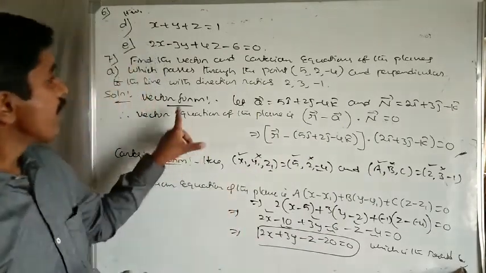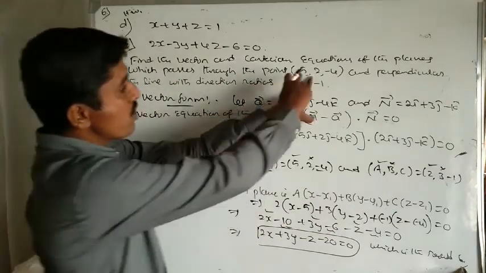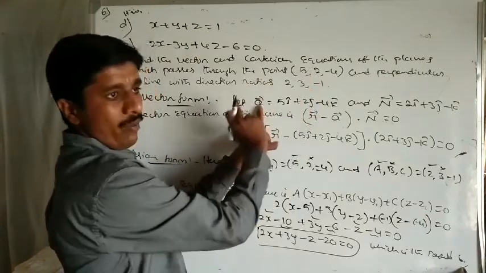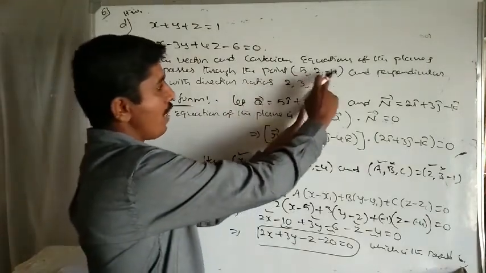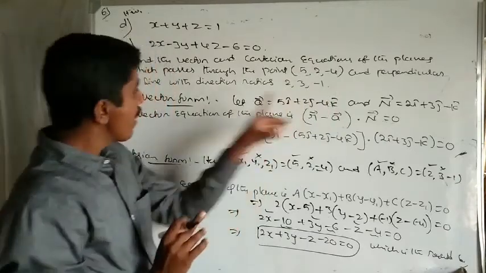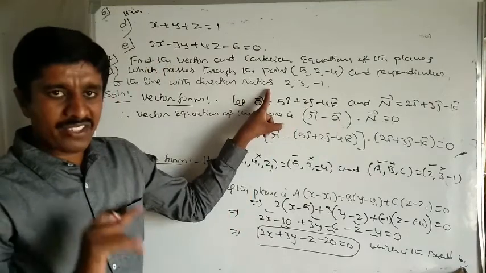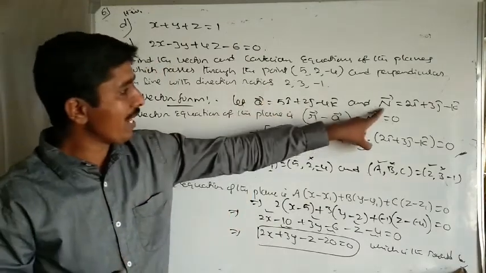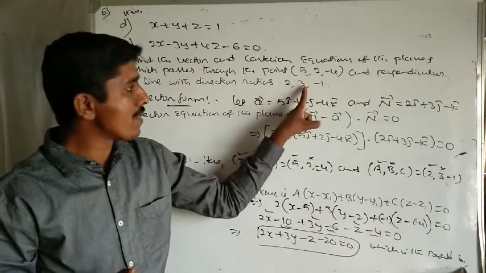Here the position vector of the point I am denoting as vector a, which is directly 5i plus 2j minus 4k, and perpendicular to the line with direction ratios, we take vector n in vector form as 2i plus 3j minus k.